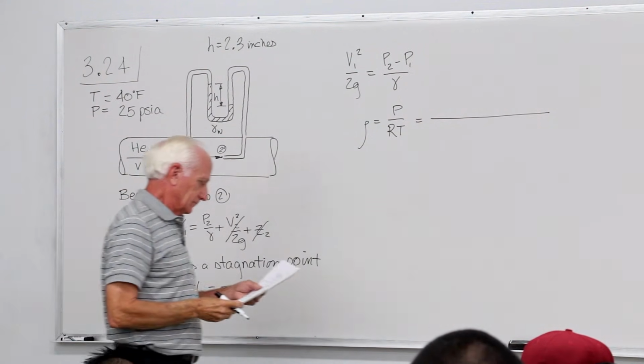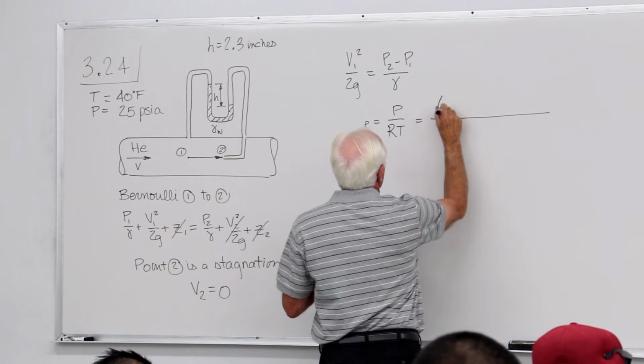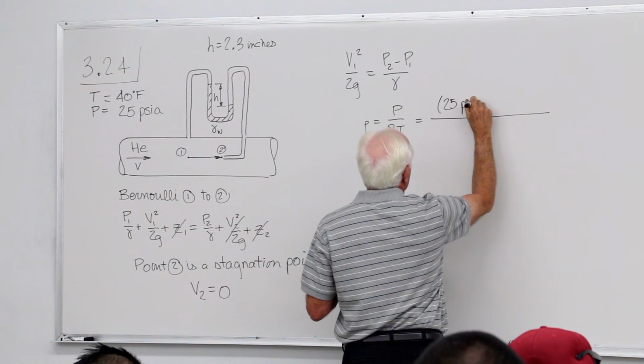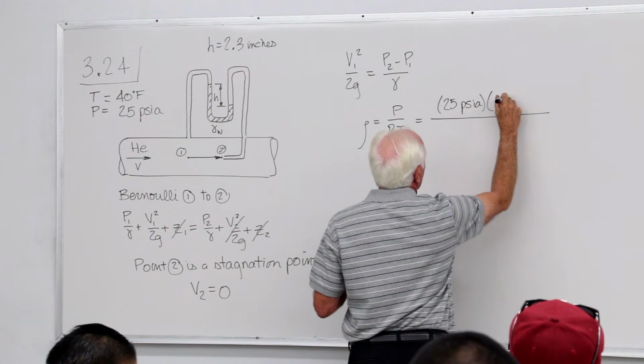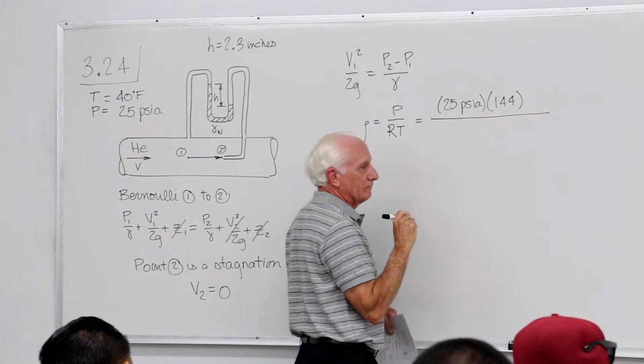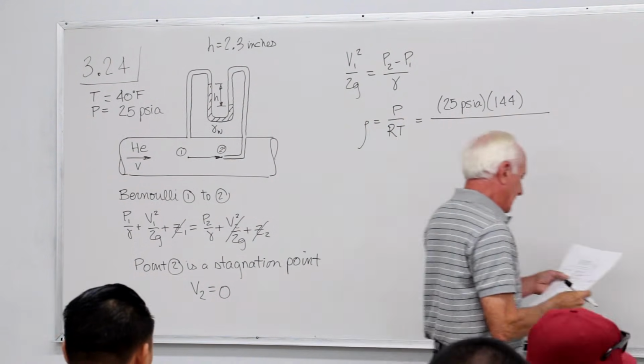So 25 psia, times 144, the conversion factor that gets it into pounds per square foot, divided by R for helium.